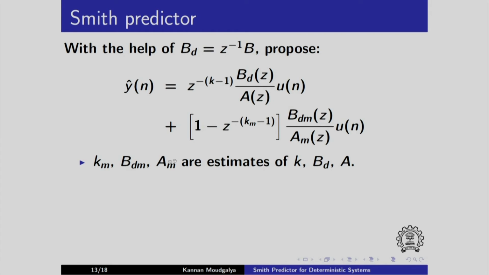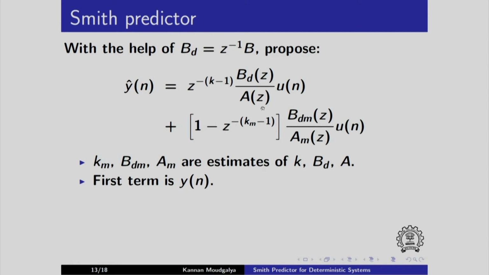If we know them well, that is if km, bdm and am are identical to k, bd and a respectively, you can see that the second term here will cancel this term here, leaving only this, because this will multiply 1 here. So we will get this, which will be the delay free version of the original model.